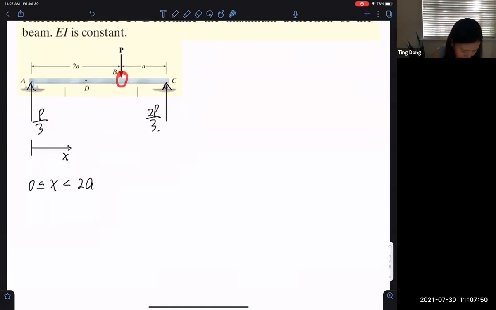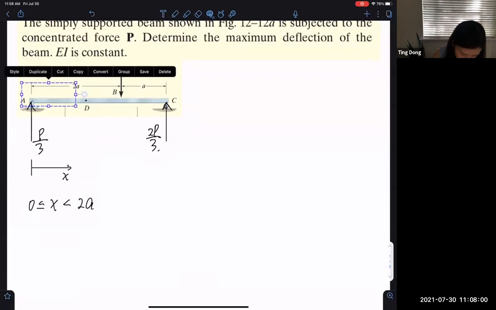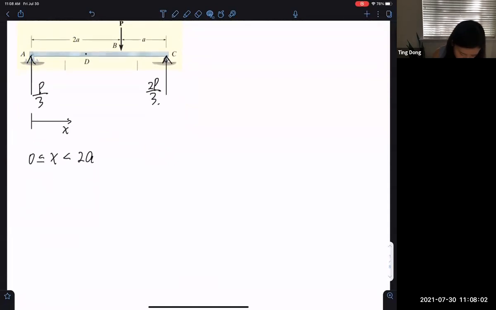In this part, we imagine that we cut through a random point in this AB section.